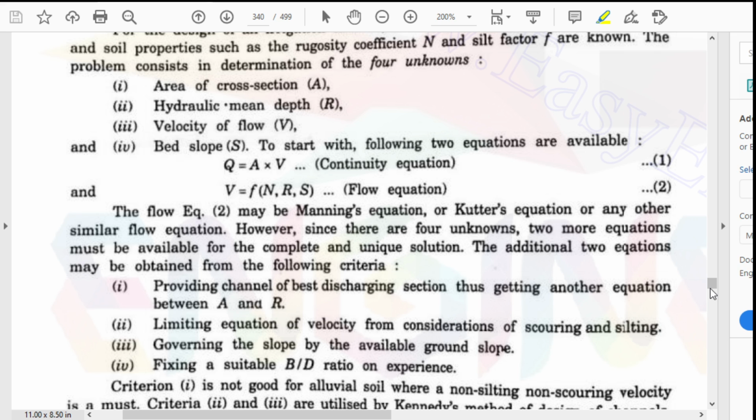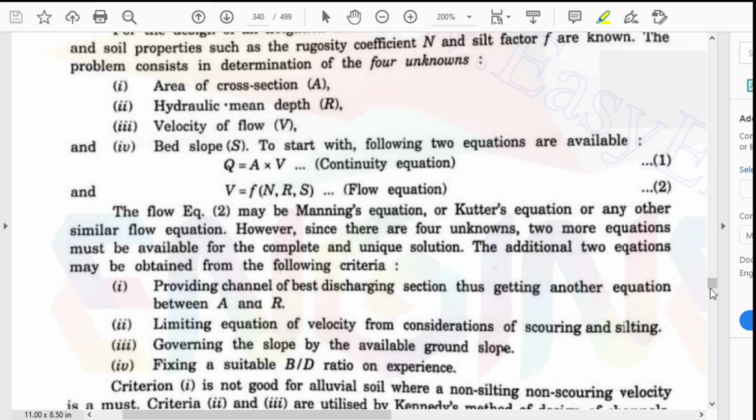These subjects are very much interrelated because the canal is an open channel system. So for finding the velocity, here we are using Manning's equation or Kutter's equation. I hope you remember the velocity equation for Kutter's and Manning's.